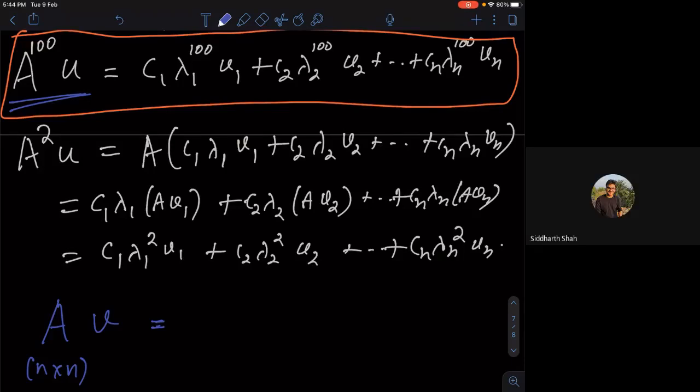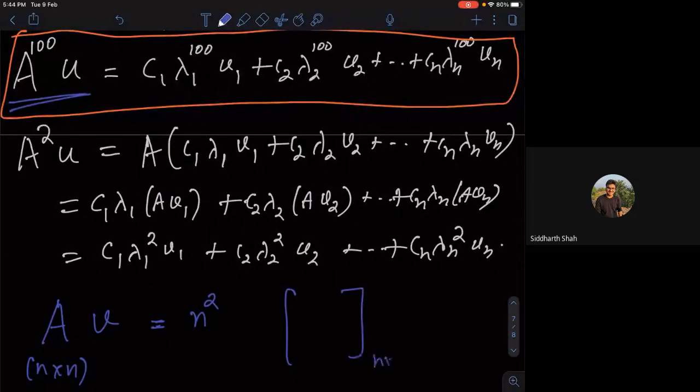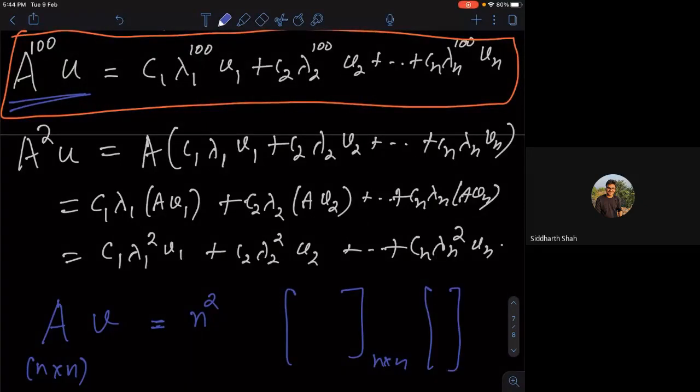Sir, n square. N square, why? So let's just do this: this is my n cross n matrix A, and this is my vector v, and I'm going to get something here, right? With how many numbers will this number multiply?